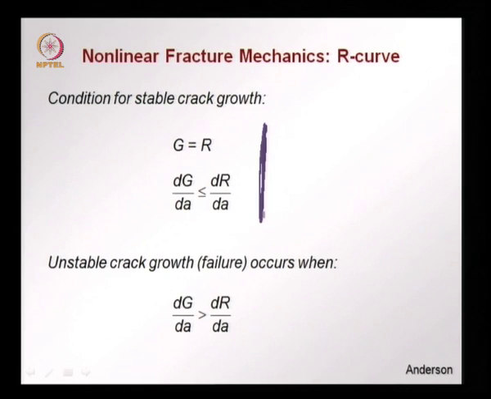If the crack growth continues due to higher stress, this means that the slope of the G curve has now become higher than that of the R curve. This is when failure is said to occur, there is unstable crack growth occurring.